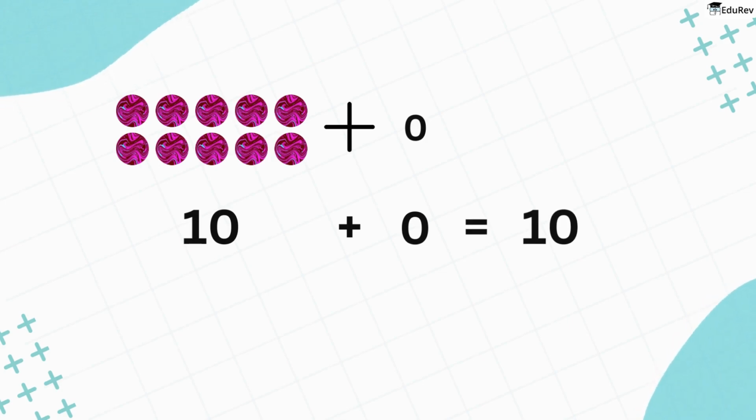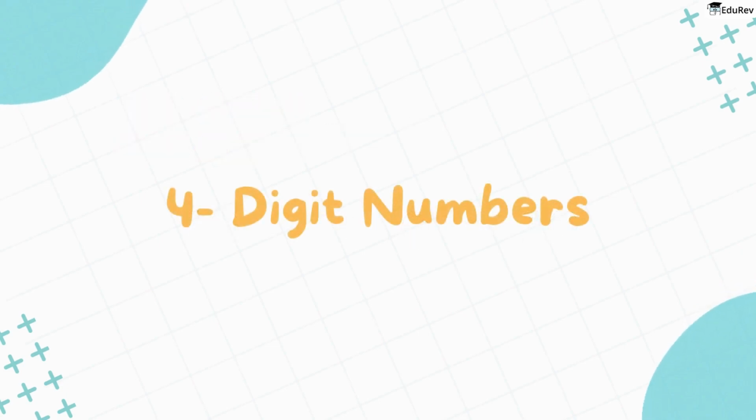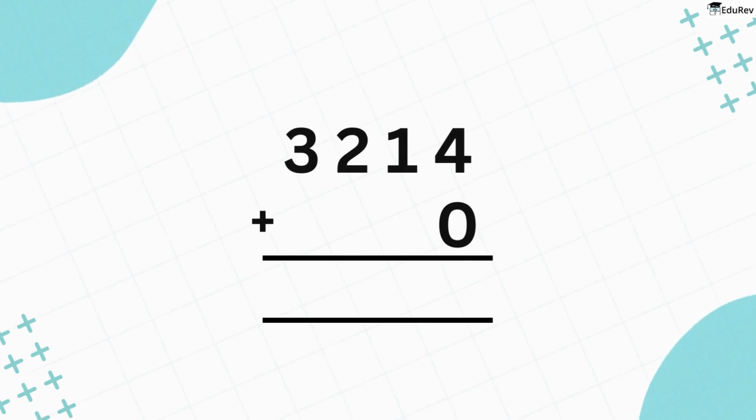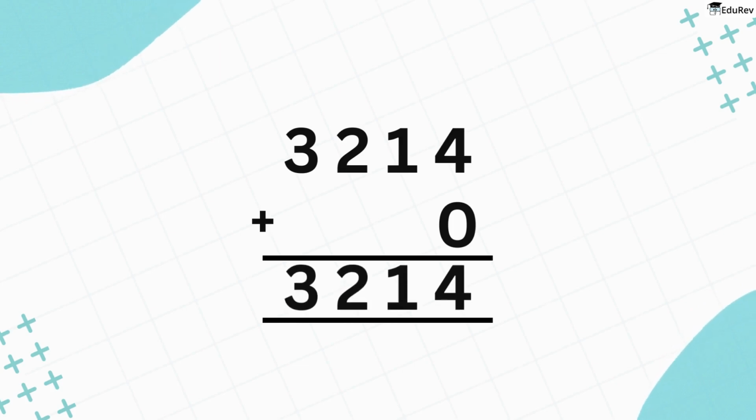According to the additive property, adding 0 marbles to your collection will not change the total number of marbles you have. Now, let's add 0 to a 4-digit number, 3214. When we add 0 to 3214, we get the answer 3214. So the sum is the number itself.